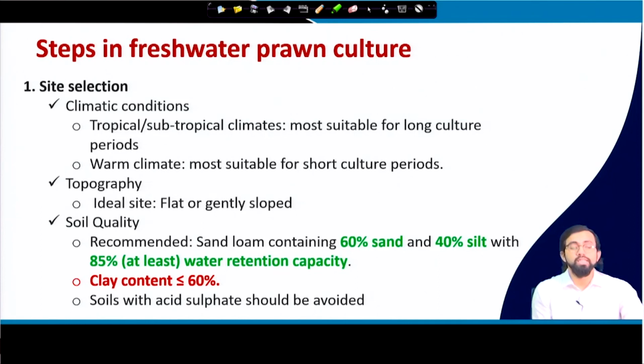Now the steps in freshwater prawn culture. When we try to design a freshwater prawn culture farm or hatchery, we need to think about certain very important parameters. First of all, to start with, is the site selection. Climatic condition is one of the major considerations for site selection. Tropical or subtropical climate is most suitable for a long culture period. Warm climate is suitable for a short culture period.